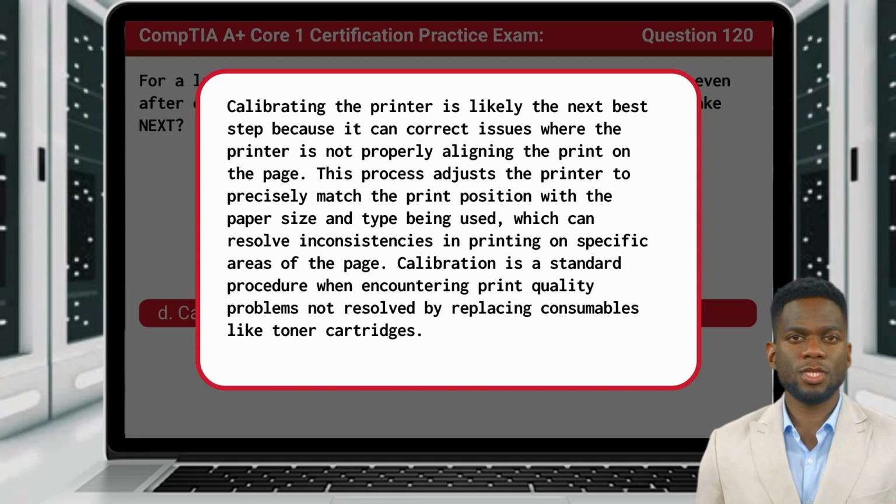This process adjusts the printer to precisely match the print position with the paper size and type being used, which can resolve inconsistencies in printing on specific areas of the page. Calibration is a standard procedure when encountering print quality problems not resolved by replacing consumables like toner cartridges.